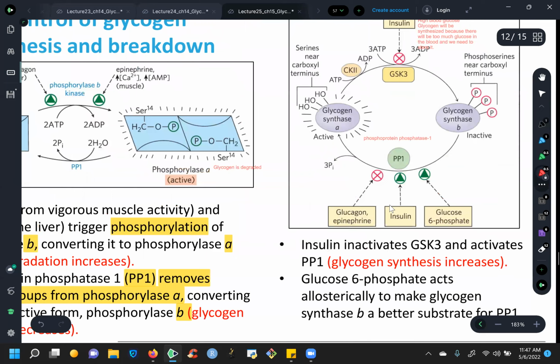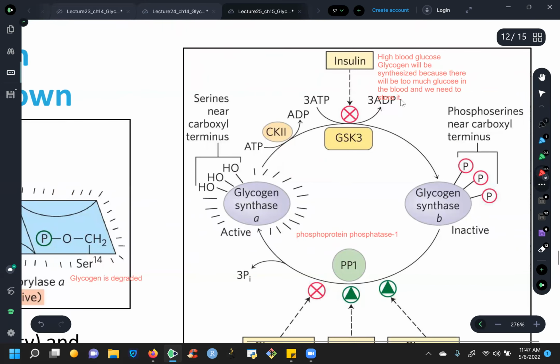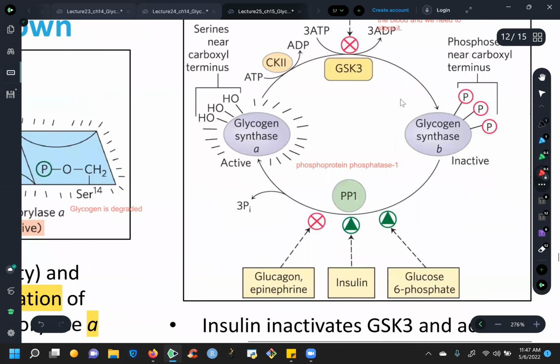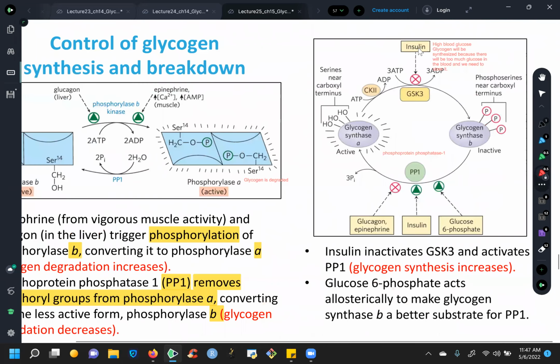And now insulin. So insulin up here is when you have high blood glucose. So you just ate a cheeseburger. Glycogen will be synthesized because you've got too much glucose in the blood. So insulin inactivates GSK3. That's why you have insulin with an X for GSK3.